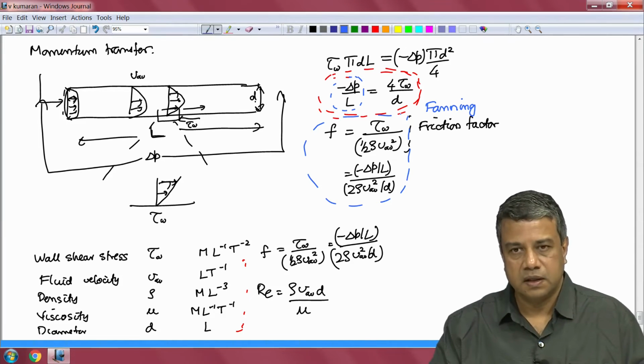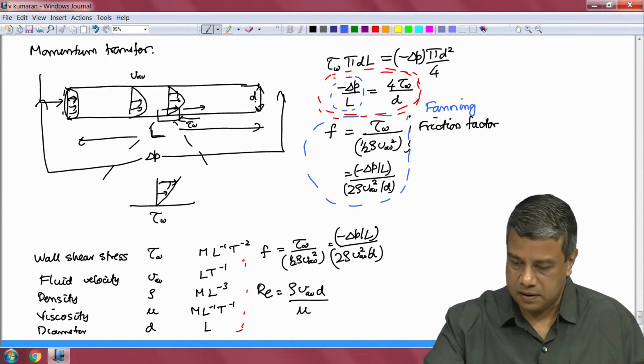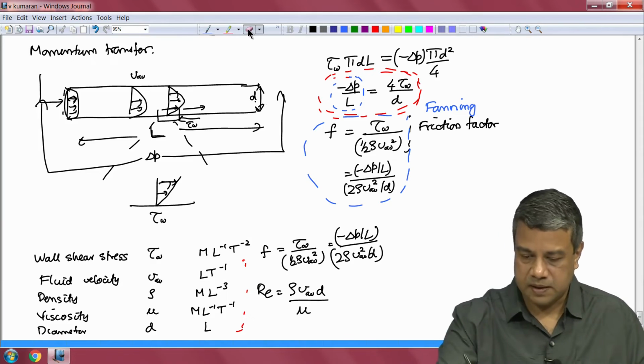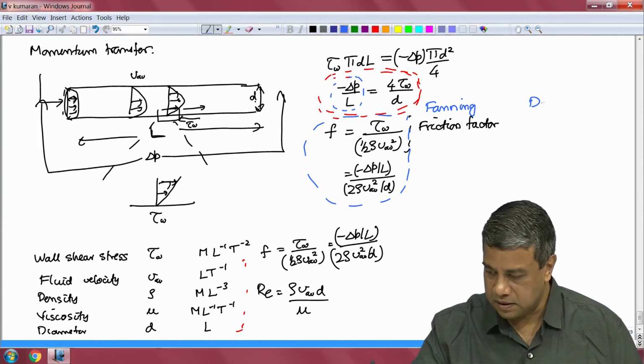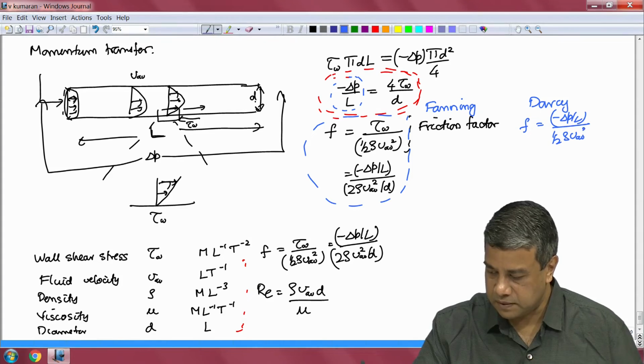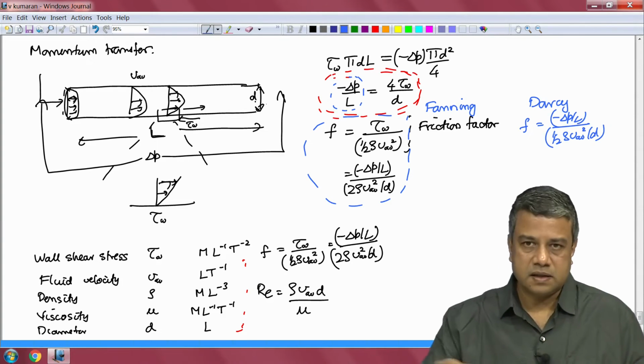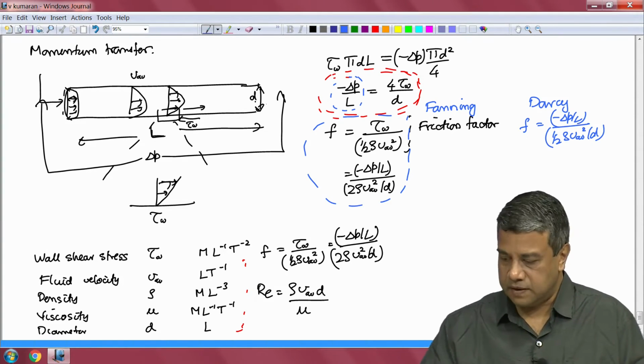There is another friction factor, which is just 4 times this. It is called the Darcy friction factor, defined as minus delta P by L by half rho V average square by d. This is just another convention of defining the friction factor.